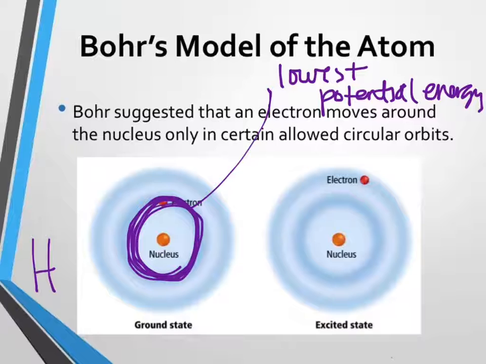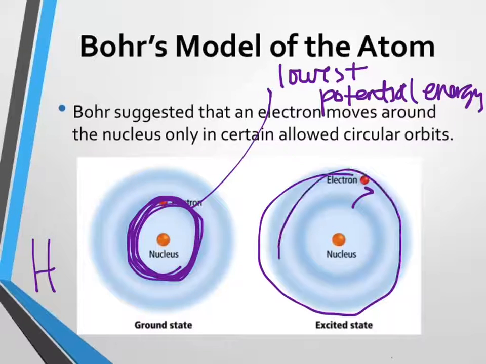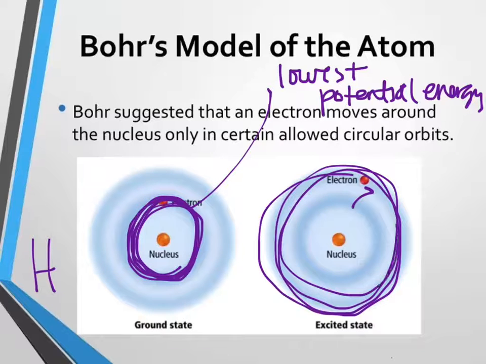So it moves up to the excited state, and now it's in this orbital, circling around. It reaches a higher potential, or a higher energy. So the higher the energy, the further away it is from the nucleus? Yes. The higher the energy, the further away it is from the nucleus.